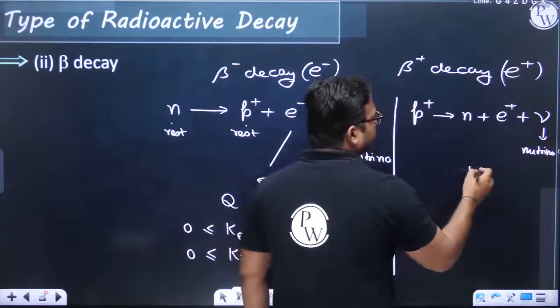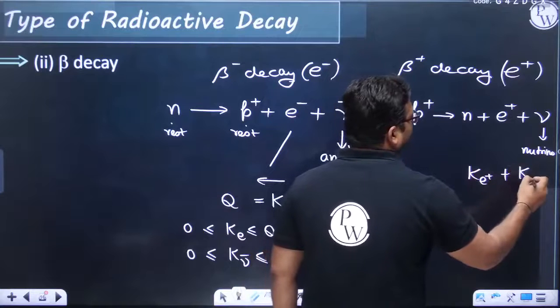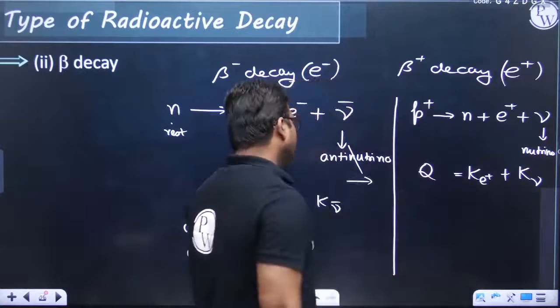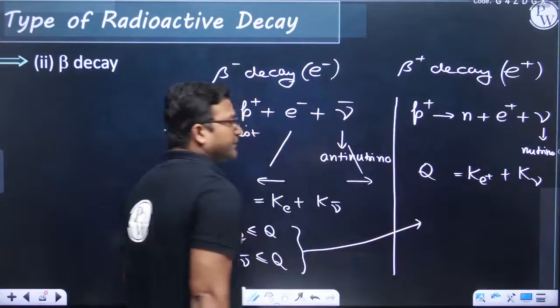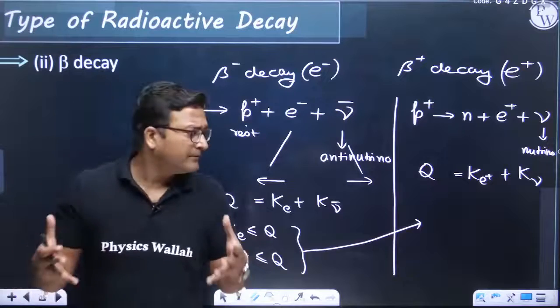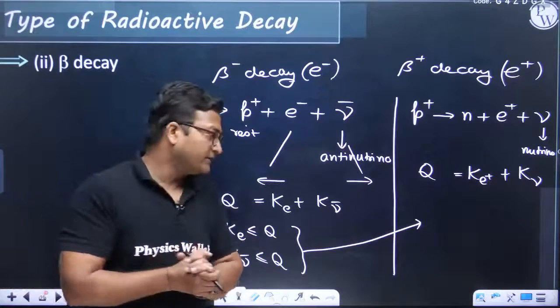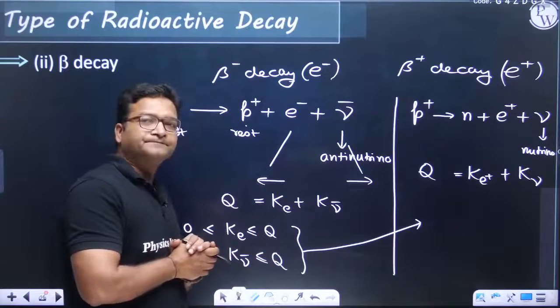Here also the kinetic energy of positron plus kinetic energy of neutrino is equal to Q value of the particle, and here too we get a similar type of result, means the ratio of positron and this neutrino is not fixed.